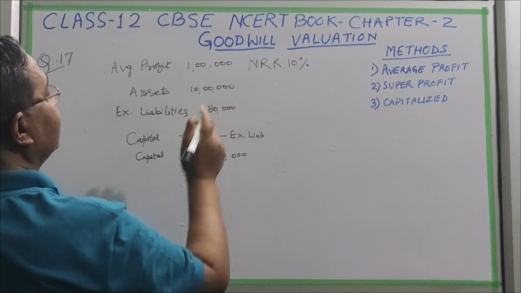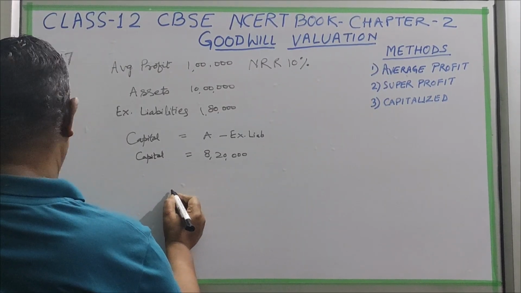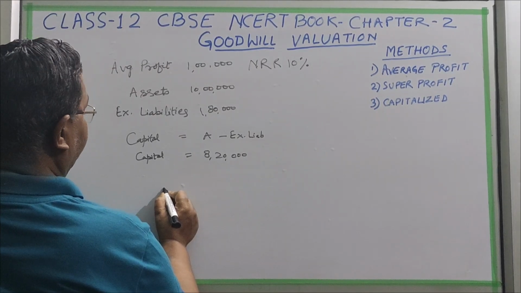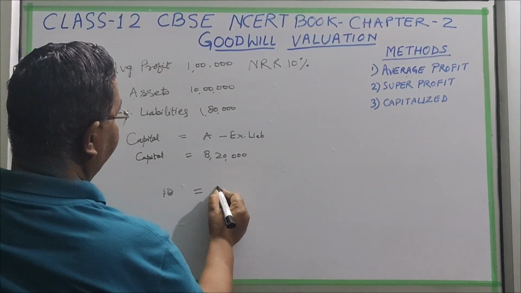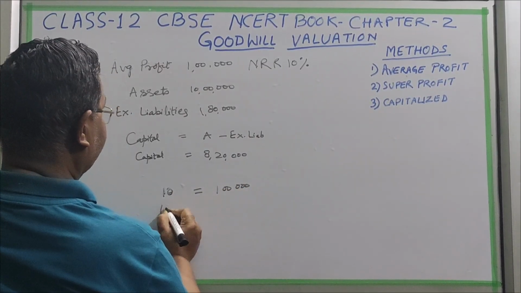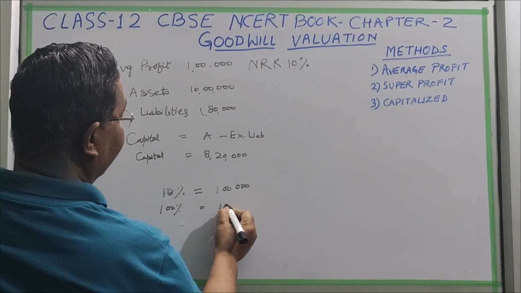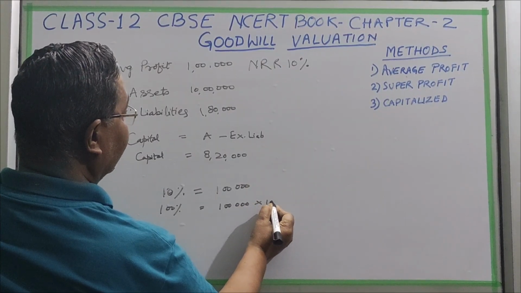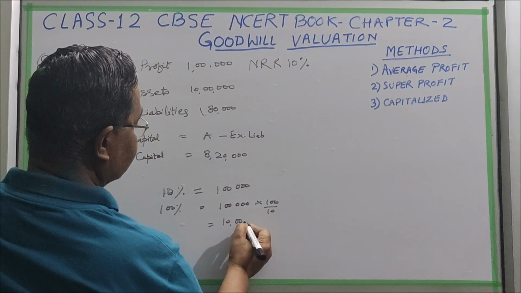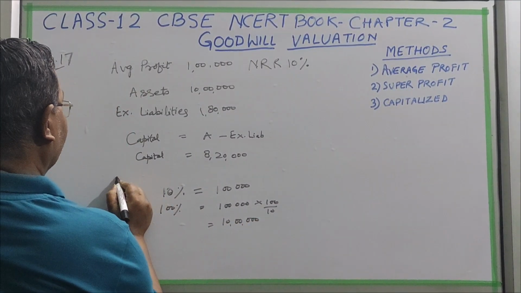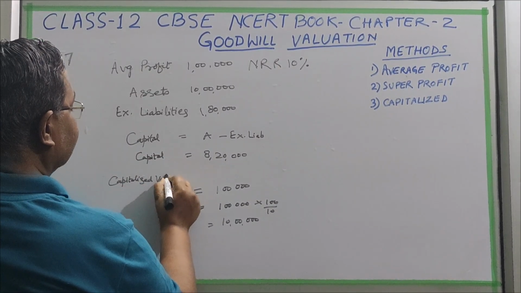So when 10% is equal to your 1 lakh, 100% will be equal to 100 into 100 upon 10. 100 upon 10 becomes 10. So this is the capitalized value, 10 lakhs.